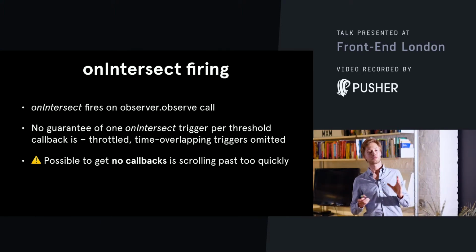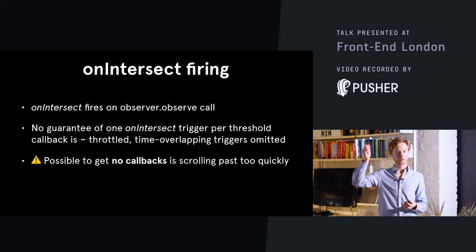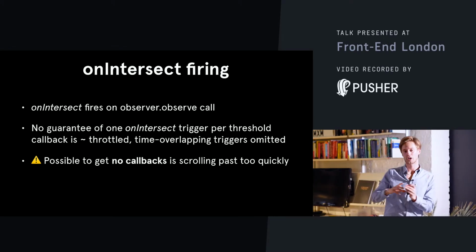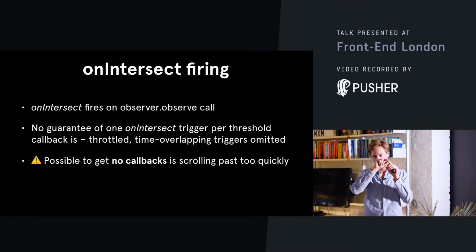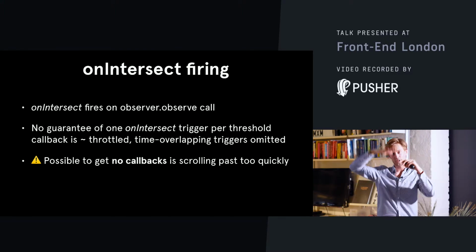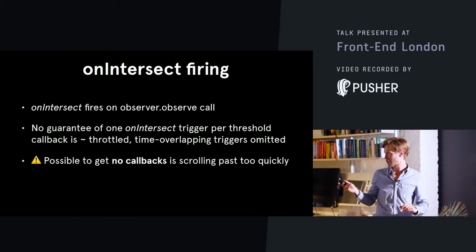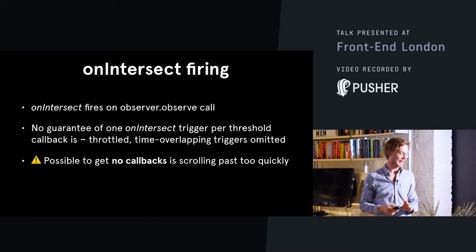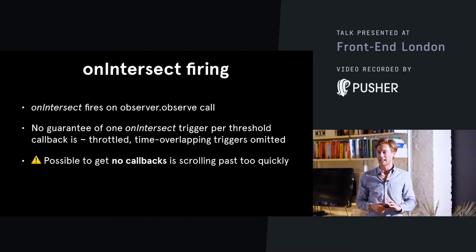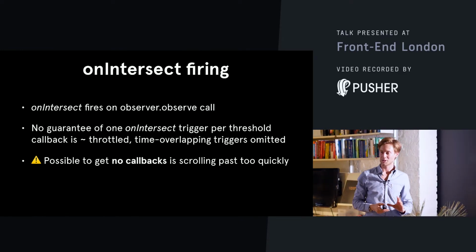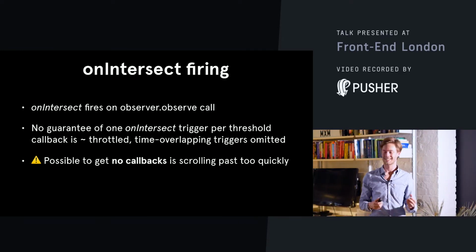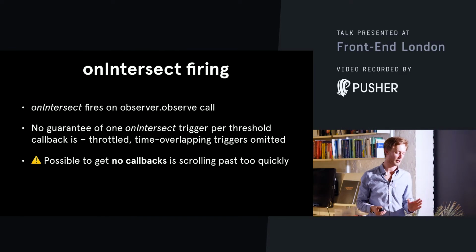What happens if the browser is really, really busy? If your user scrolls really, really fast, you have a lot going on, and you're doing intersection observing on a really thin element that passes by on the screen for 10 milliseconds, it's actually possible that you don't get any callbacks at all. I'm not sure if this is a bug or not. In Chrome, for example, this doesn't seem to happen much at all. It's really hard to reproduce this.